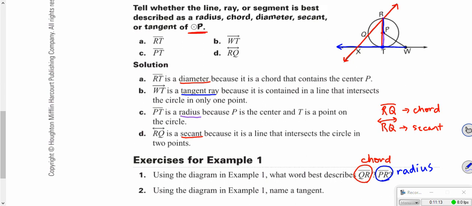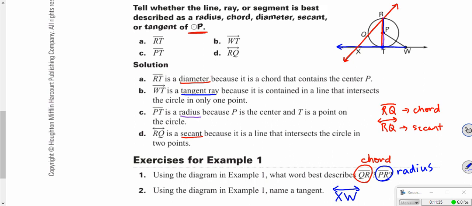Using the diagram in example 1, name a tangent. Now, if they just said tangent, the default is usually a line, but the only line that intersects the circle at a single point, we have several different ways we could name it, but I would probably name it line XW.